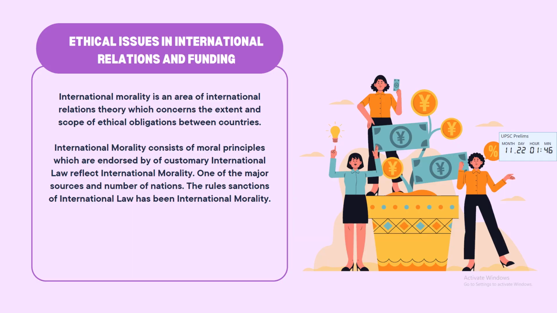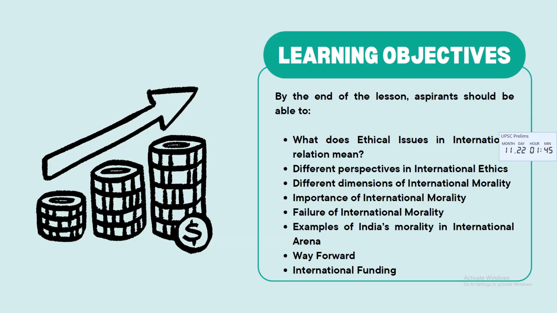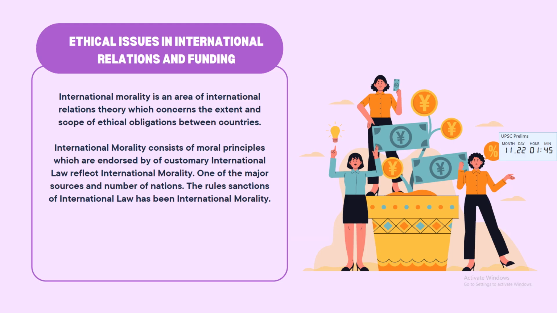So what does ethical issue in international relations mean? It's an area of international relations which concerns the extent and scope of ethical obligations between countries. Like India did Operation Sindhu recently.